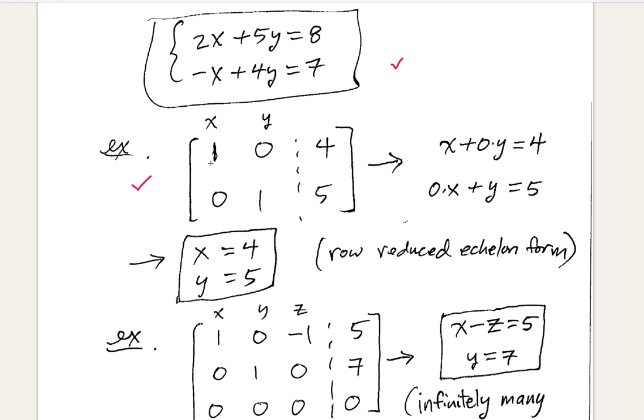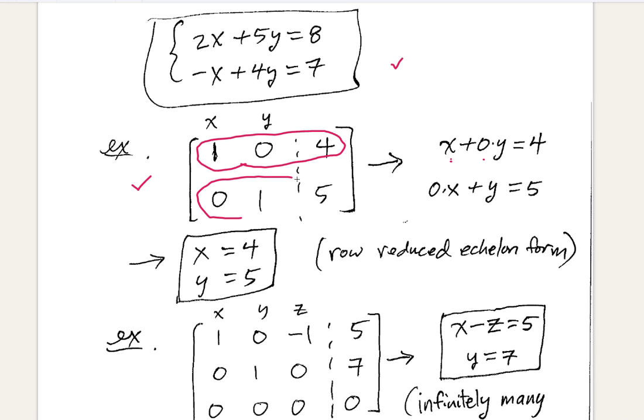That would be 1x plus 0y. So that would be actually x plus 0y is 4, right? But 0y is 0, so that's really just saying what? X is 4. So that first row is actually just saying that x is 4. How about this second row?